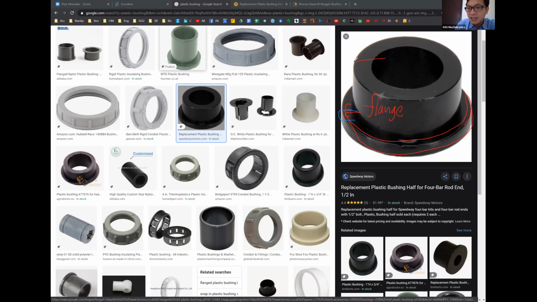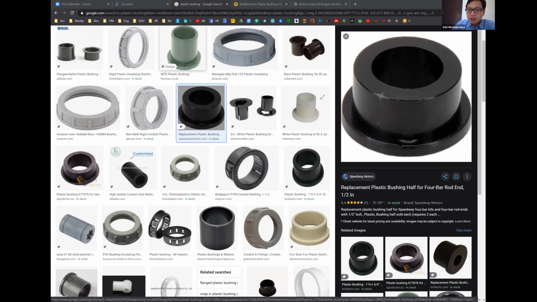Jadi kalau misalnya ini shaft, ini ada hub gitu ya. Waktu kamu taruh bushingnya, bushingnya kan mesti duduk. Nah, kalau dia nggak ada flange-nya ini, nyeplos kan, dia jatuh gitu. Oke, so jadi bibirnya ini, this flange itu buat duduk. Oke.